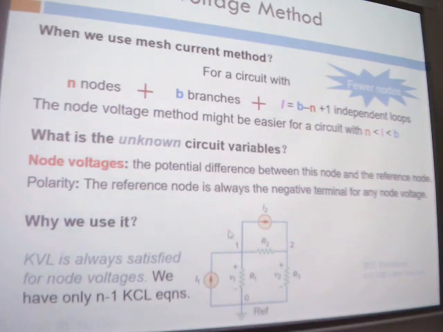Okay, let's have a look. We select the node 0 as the reference node, and then for node 1 and node 2, we can suppose 2 node voltages, V1 and V2.